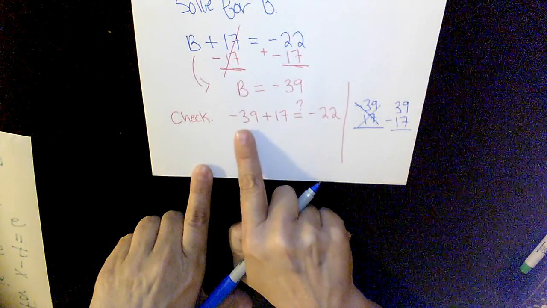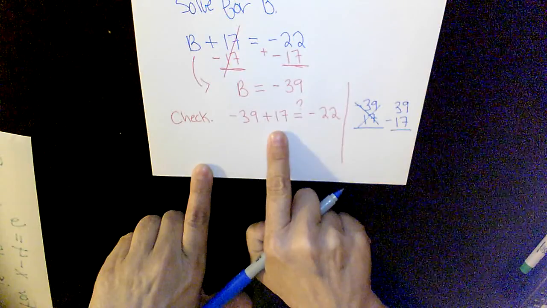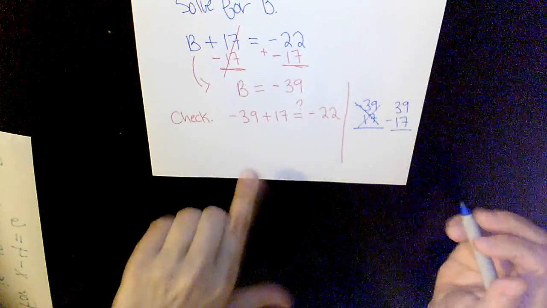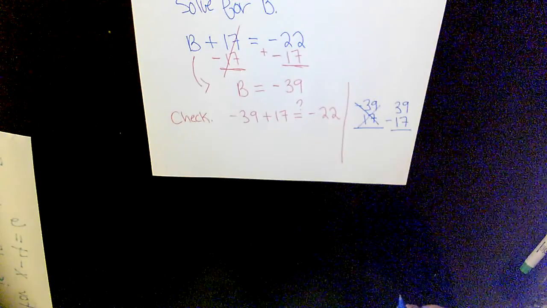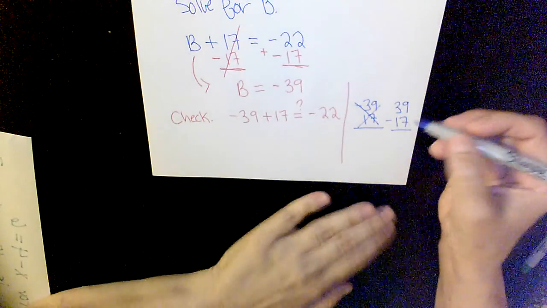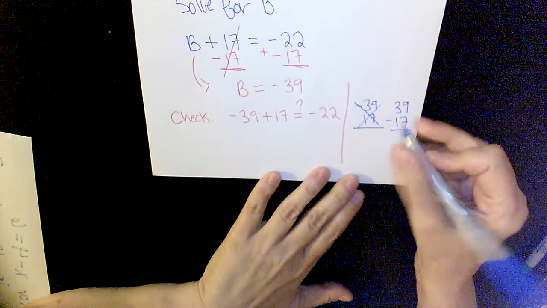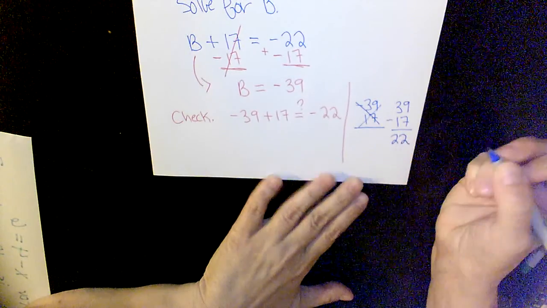So negative 39 has more negatives than positive 17 has positives. So my answer is going to be a negative. So 39 minus 17 is 22.